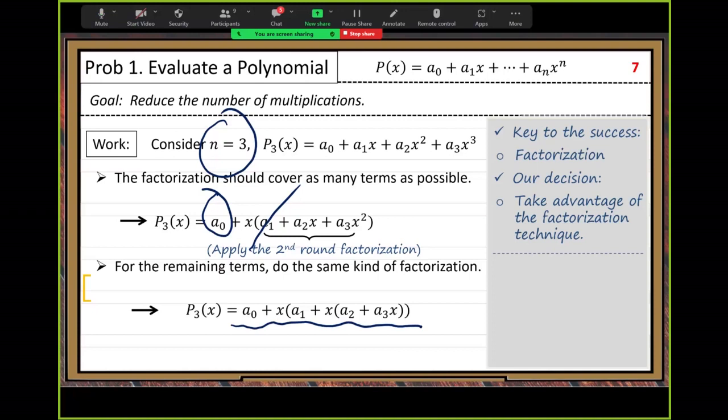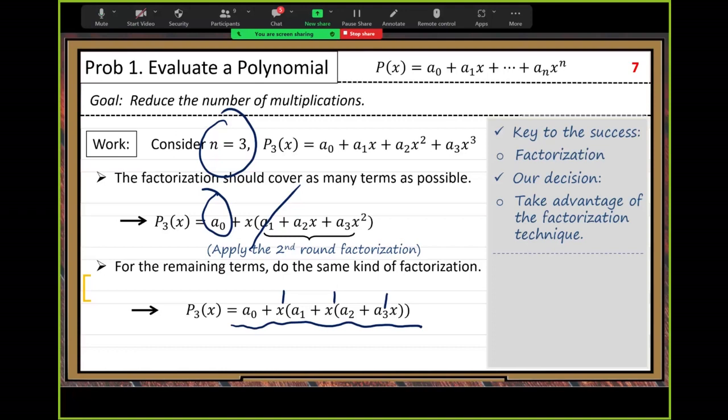Yes, very fast. Eldon gave us the answer 3. So 1 here, second one here, the third one here. The total is 3.